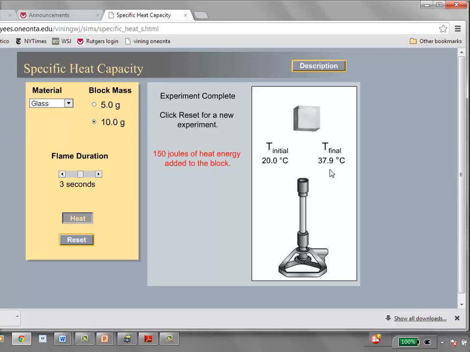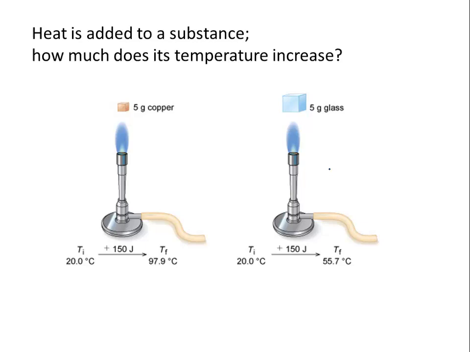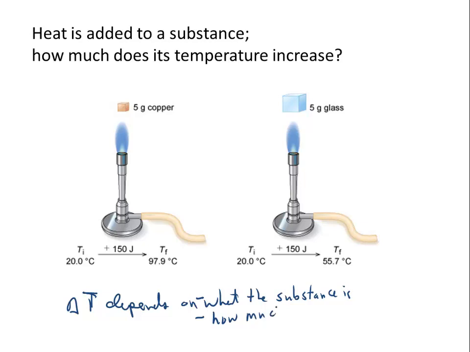So the two things that matter: the temperature change depends on what the substance is, it depends on how much heat, that is, how many joules of heat you're adding, and the mass of the substance.